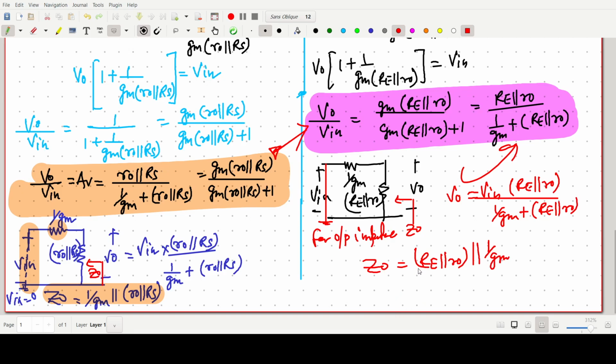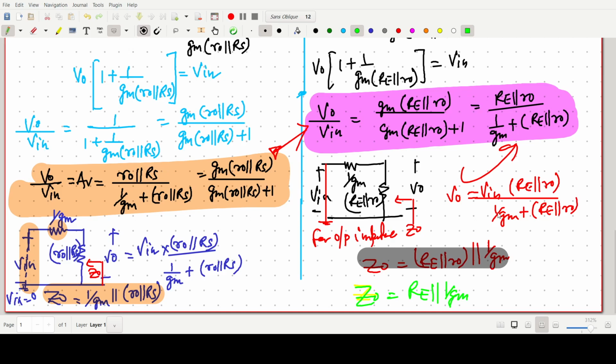This is the expression for the output impedance. Both are very similar, but this is the method. If we are doing it without R naught, Z naught will be simply RE parallel with 1 by gm. I have already made a separate video on this topic, and I will share the link.